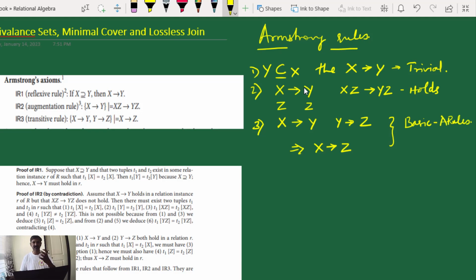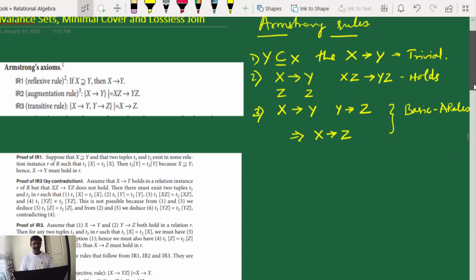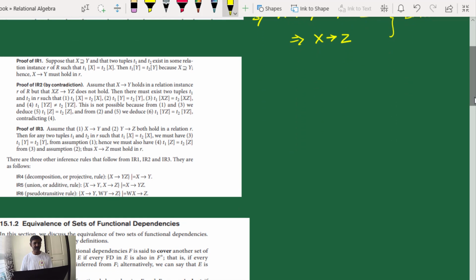I hope these three concepts are clear to you, but we need additional inference rules. They are termed IR4, IR5 and IR6, as you can see down here. So let's look at these additional functional dependencies.